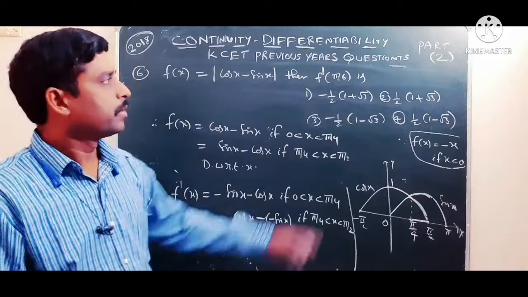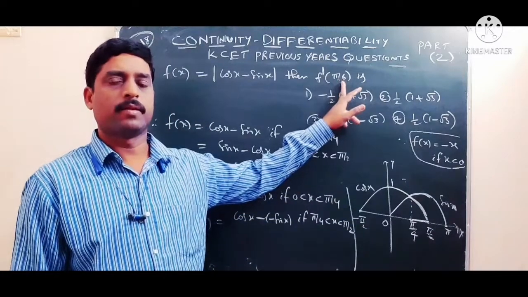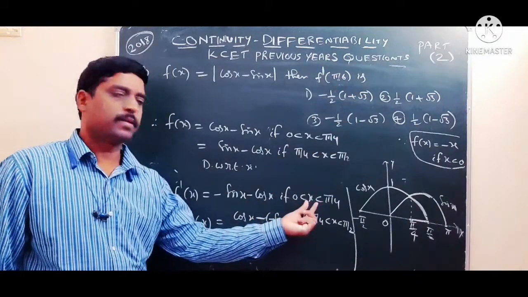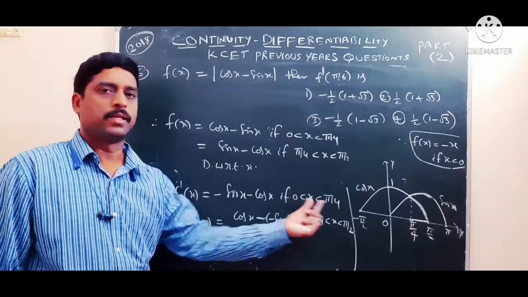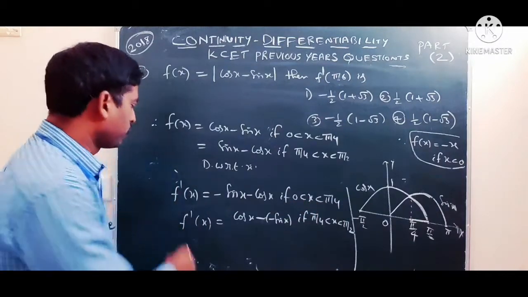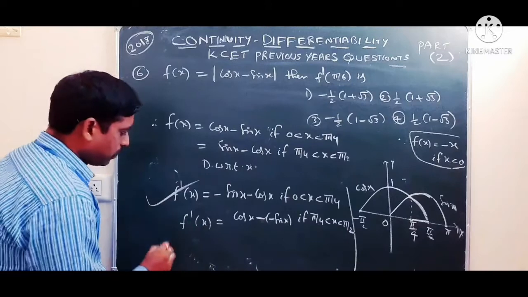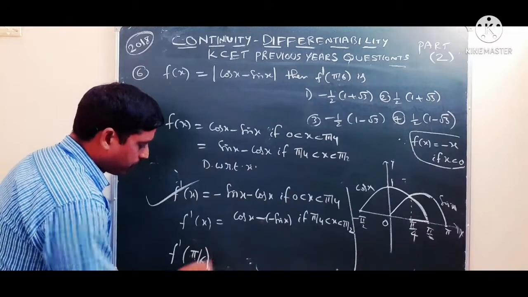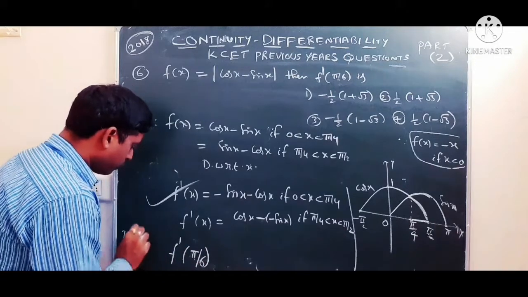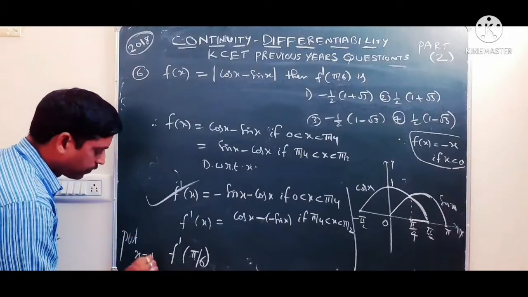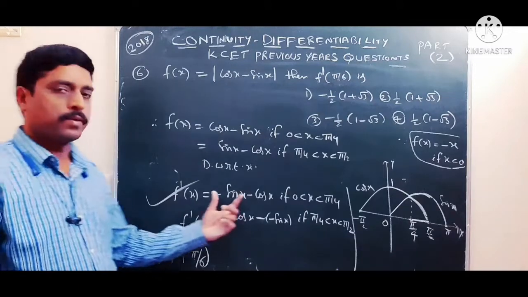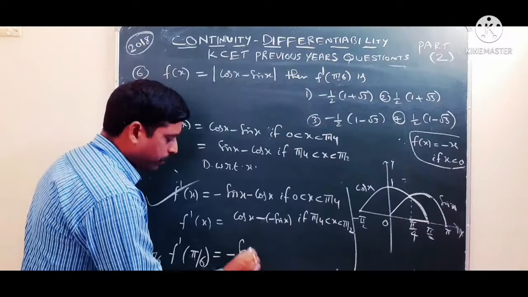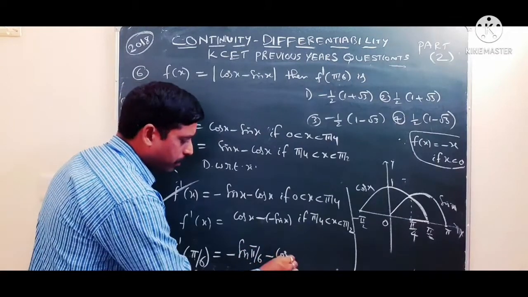But what is required? Pi by 6. Pi by 6 value is 30 degrees. So pi by 6 satisfies the first condition only. Pi by 6 lies between 0 to pi by 4, so we use the first condition only. So f dash pi by 6 is equal to, putting x is equal to pi by 6 in the first condition, minus sin pi by 6, minus cos pi by 6.